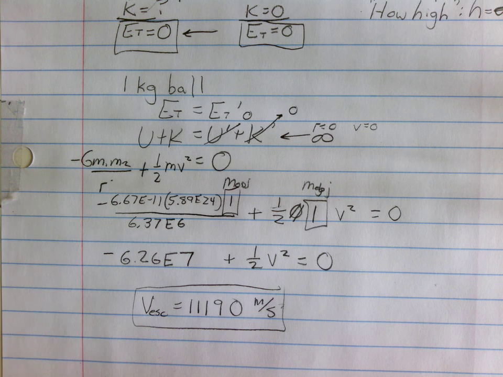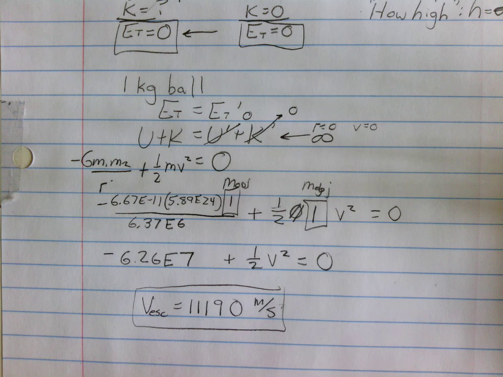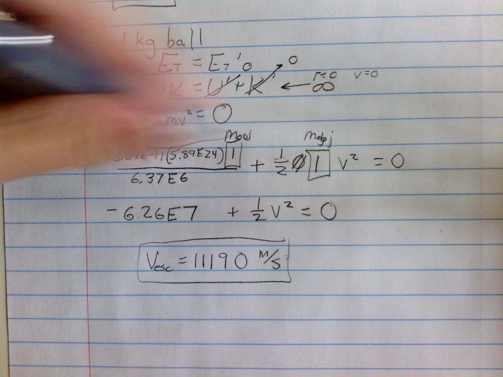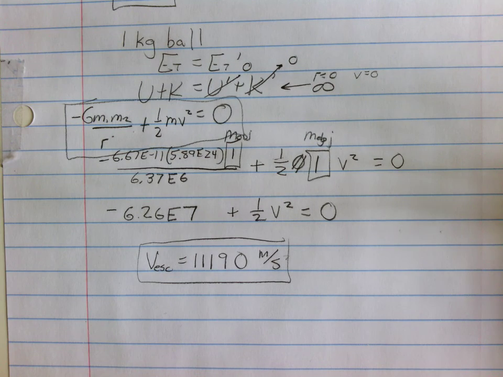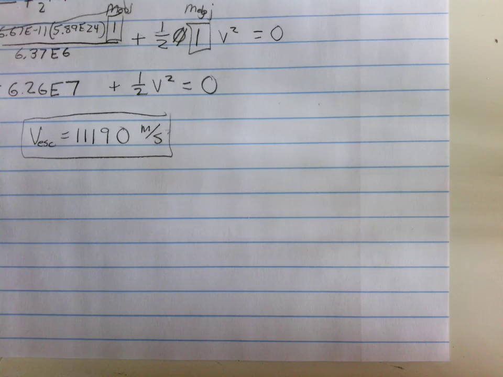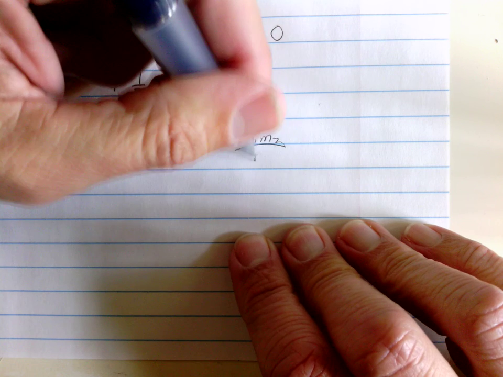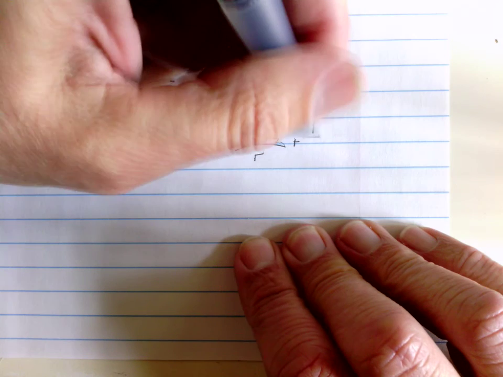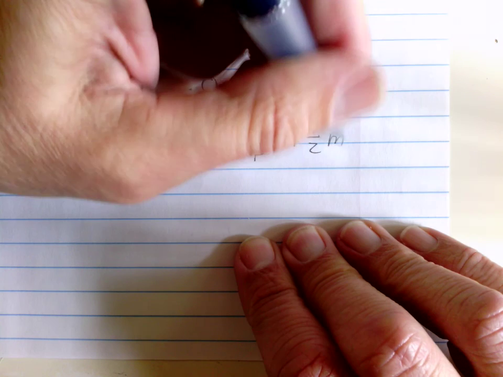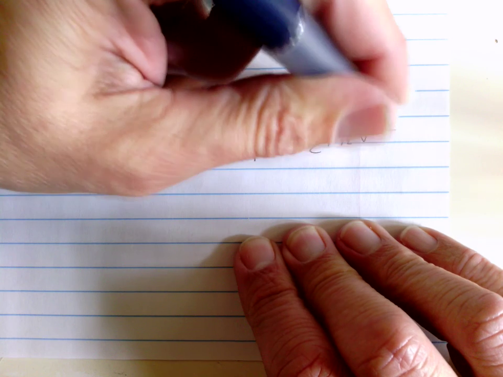Now, we can actually write a nice equation for the escape velocity in more general terms. If I just take this equation, negative G m1 m2 over r plus 1/2 the mass of the object, I'll call it m2, v squared equals 0.